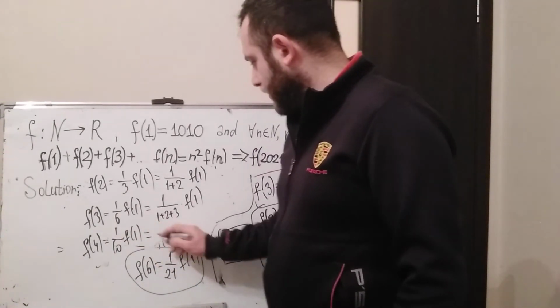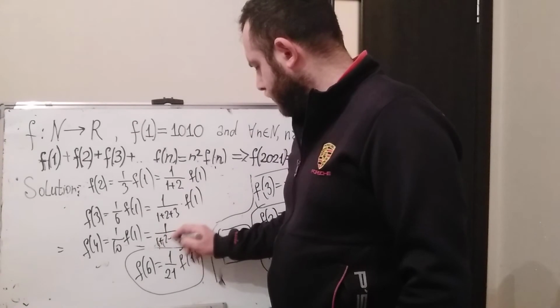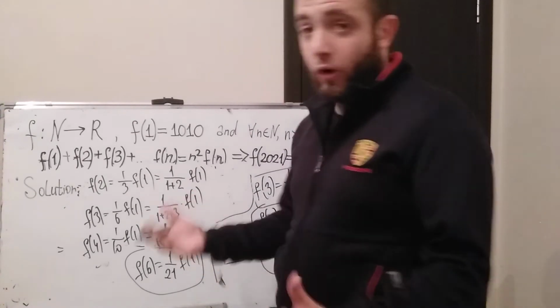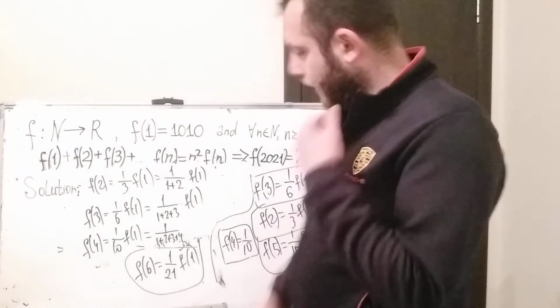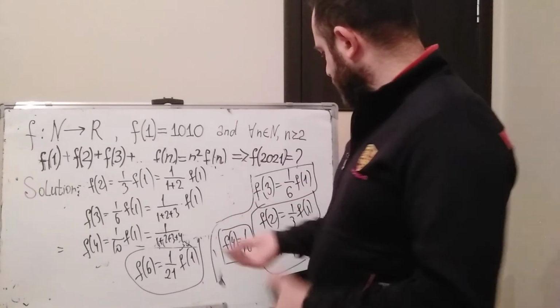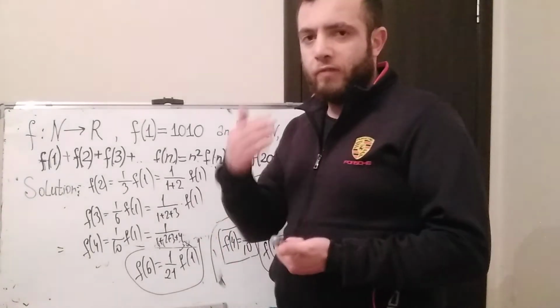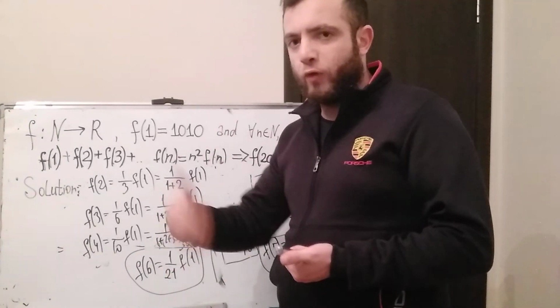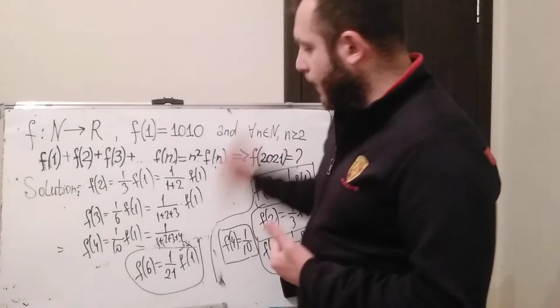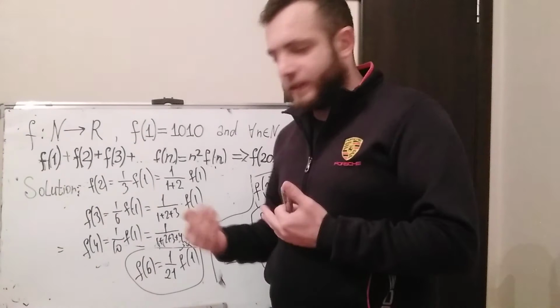So it will be 1 plus 2 plus 3 plus 4, the first 4. In this way, we'll see that 15 can also be written 1 plus 2 plus 3, 4, 5, the first 5. So 21 will be written as the first 6.